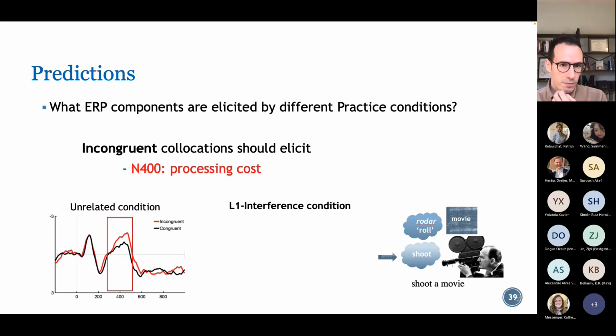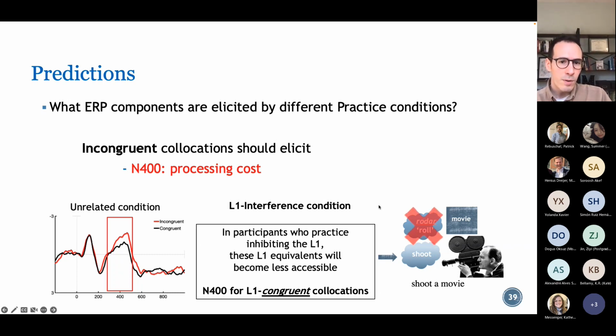Going back to the first study, we had a different prediction here. If what is happening is, as we interpreted in the behavioral data, that the verbs that are congruent with the first language but are not adequate for the second language are being inhibited, then we might see that it is precisely these verbs that become harder to access.